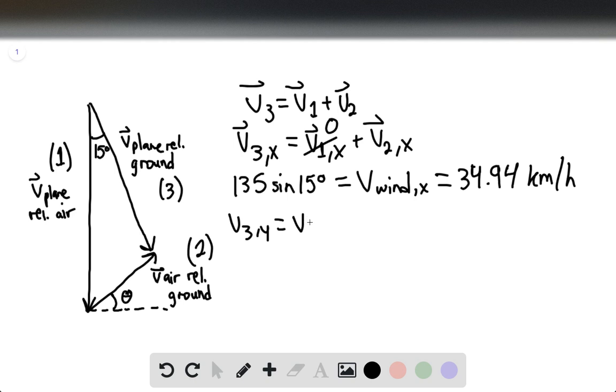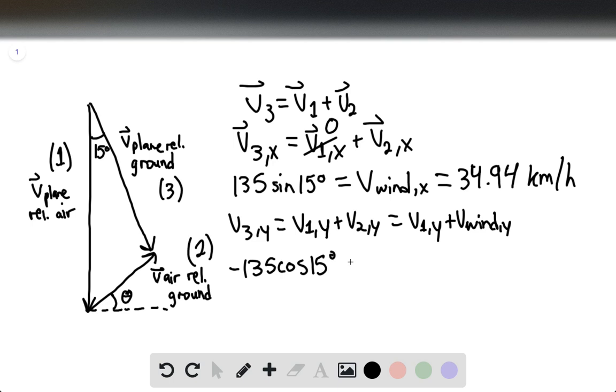And so now we can say that v3y equals v sub 1y plus v sub 2y. And this would simply equal v sub 1y plus v sub wind y. So we're just renaming vector 2 as wind. And we can say again, negative 135 cosine of 15 degrees equals negative 185 plus the velocity of the wind in the y direction. So that would be the plane relative to the air.